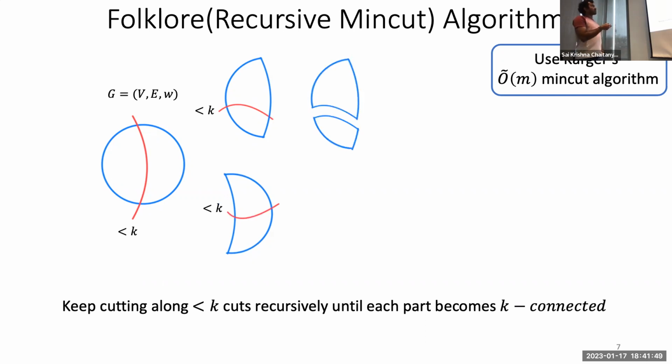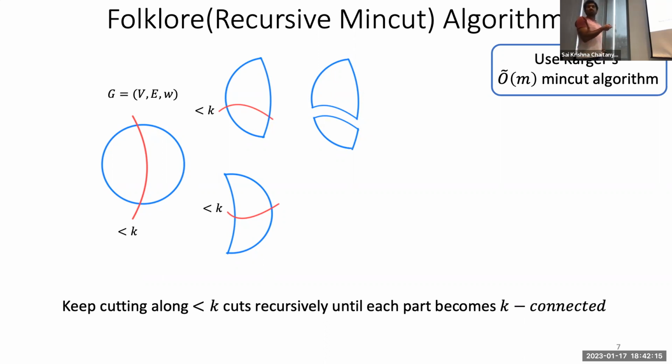Note that we are using a global mincut algorithm, so the cut we get is actually a mincut, but all we really care about is any cut less than k, because any cut less than k will not separate any k-edge connected component. We don't want to cut a k-edge connected component at any point, and that is why any less than k cut will give us what we need.